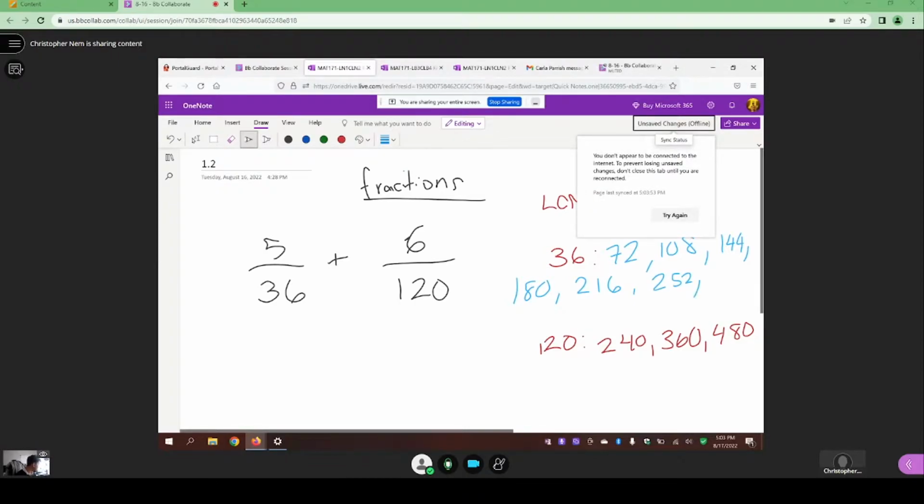If I add 36 to that, that's 288. And then it gets to 324. Then it gets to 360. Why did I stop at 360? Well, I'm trying to find what multiples they have in common. And it looks like the common multiple, the smallest one, is 360.